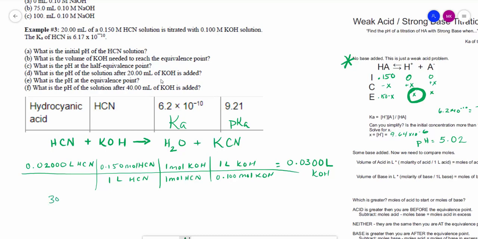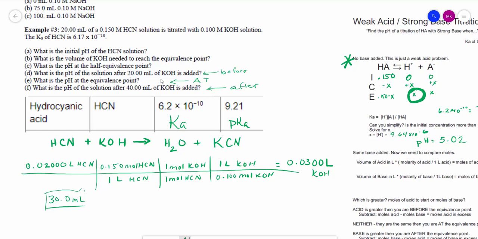Now that means that is 30 milliliters until the equivalence point. So this is before, this is at, and this is after the equivalence point.